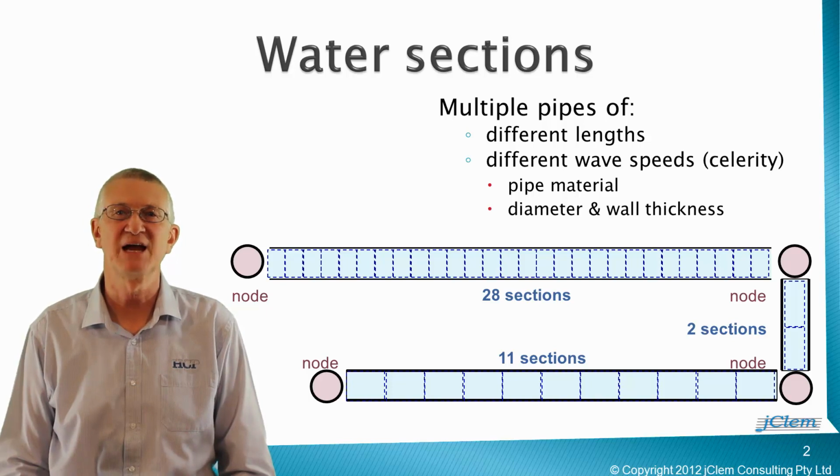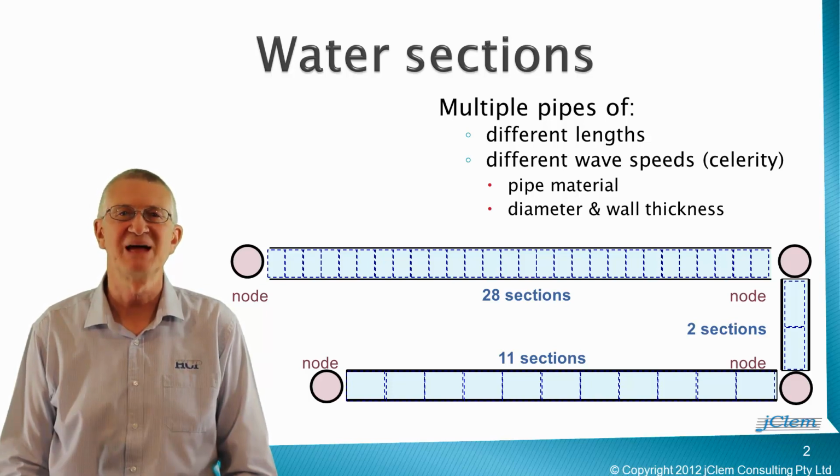Considering a system made up of multiple pipes, each pipe will typically have a different length, and the compressive wave speed, also known as the celerity, is likely to vary from pipe to pipe based on the pipe's material, diameter and wall thickness. Here we are looking at a diagram of a simplistic system of 3 pipes.